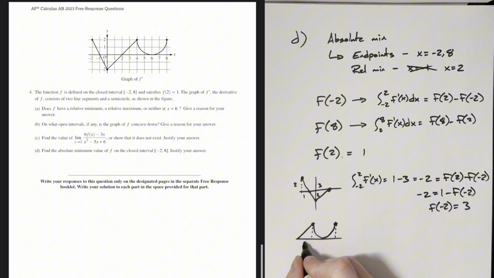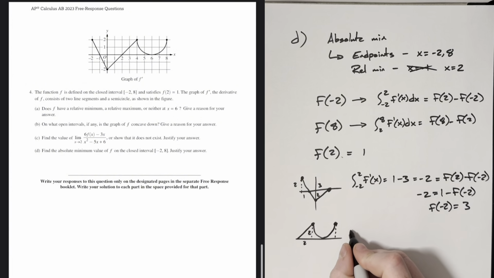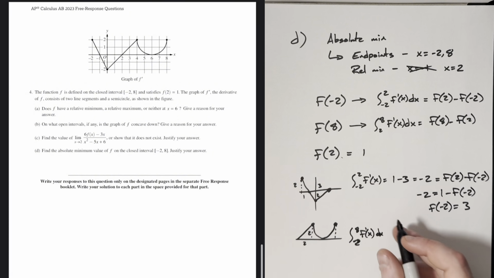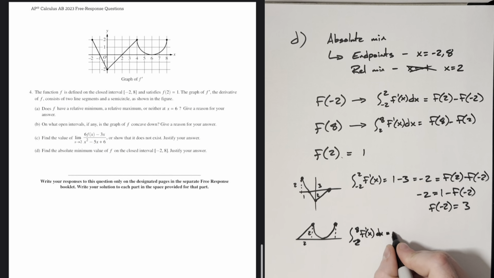This first one has just a triangle, base of 2, height of 2. The area is 2. And it is above the x-axis. So the integral from 2 to 8 of f prime of x dx, I forgot to put the dx up there, but it's 2. And now I need to find the area under this curve, right?